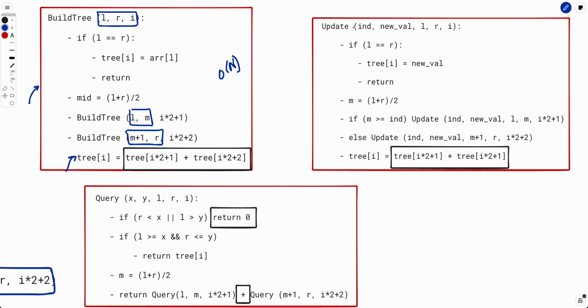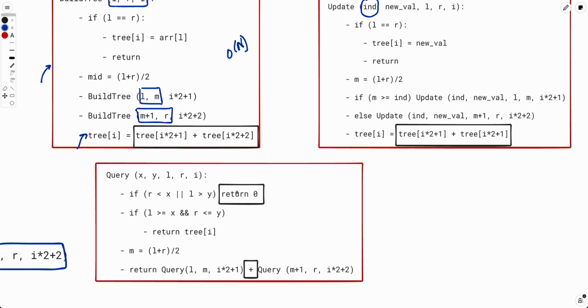After that, if we need to update the value of a particular index, we will simply follow the path to that particular index and update every node in between that we get. The update logic would be exactly similar to how we did it while building the tree, right? And finally, for the query, we have three conditions: either the node is fully overlapping, or it is partially overlapping, or it is not overlapping at all.